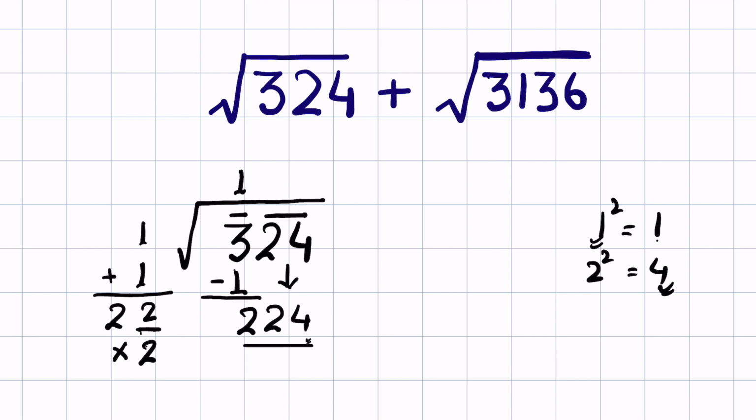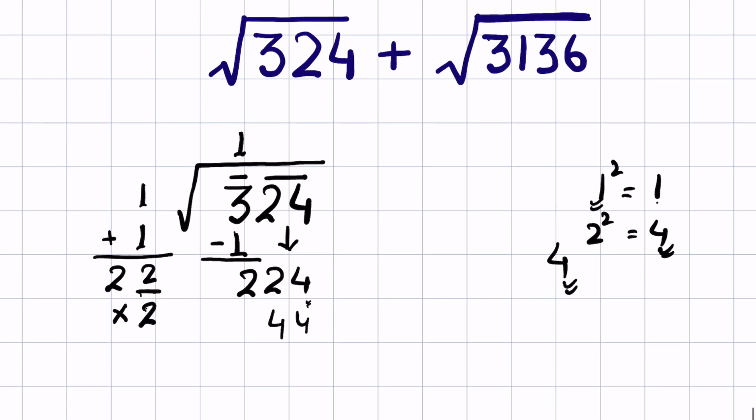Now let's check. If we multiply with 2, then it is 44, very less. Any other digit which has 4 at its end when squared? There are two numbers which have 4 at their end, one is 2 and another is 8.